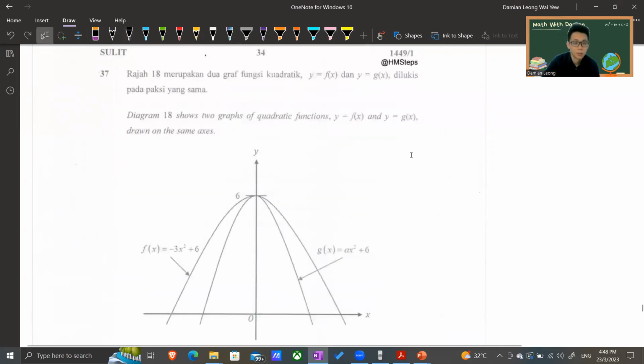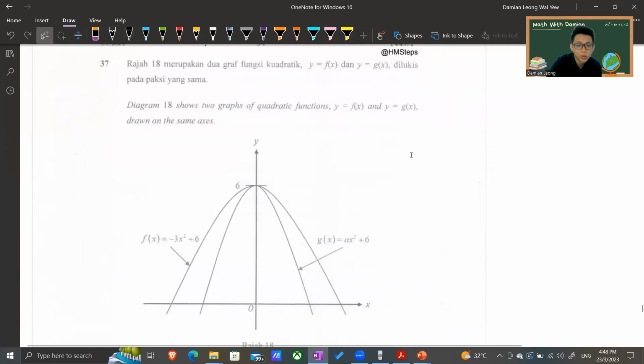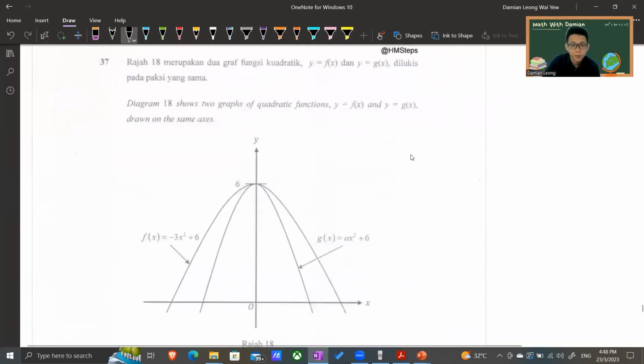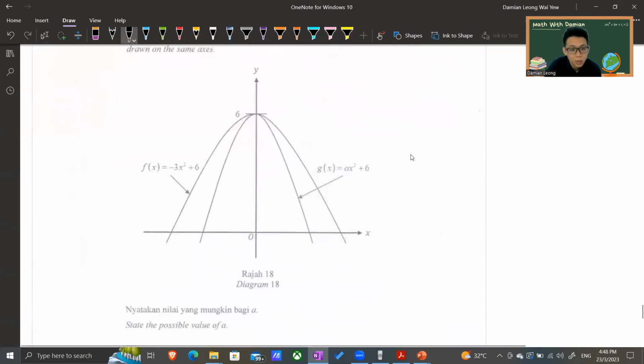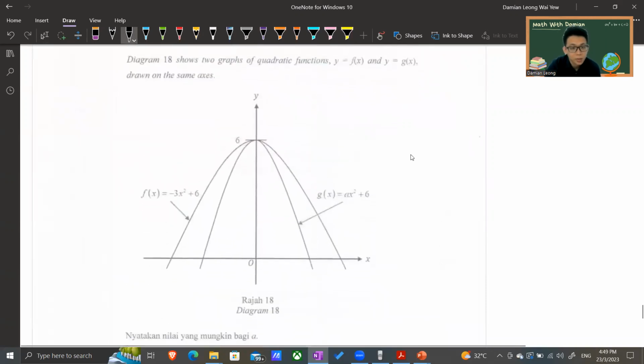Question 37. I have 2 graphs of quadratic functions, y equals f(x) and y equals g(x), drawn on the same axis. State possible values of a. So you see here, this is more narrow. When it's more narrow means your magnitude is smaller. Sorry, your magnitude is bigger. My mistake. Magnitude is bigger.